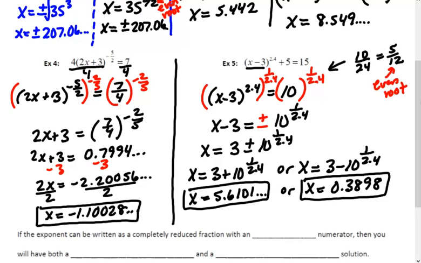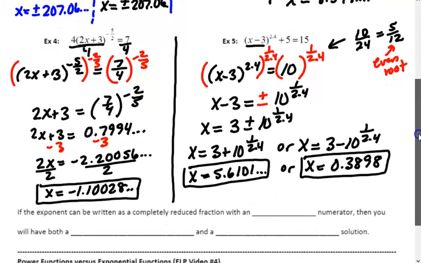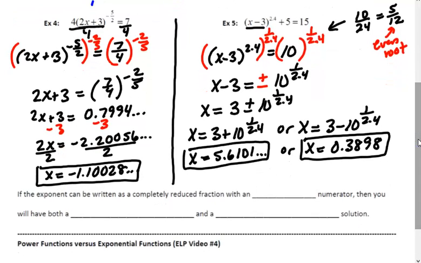So just to help you with that, when do we use the plus or minus part? If the exponent can be written as a completely reduced fraction with an even numerator, then when you solve, the denominator is going to have an even root. Okay?